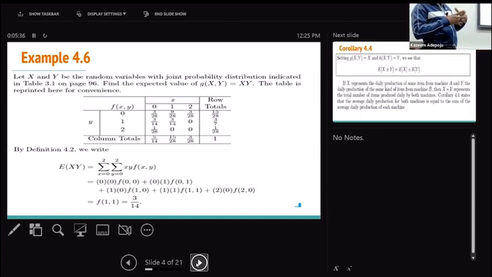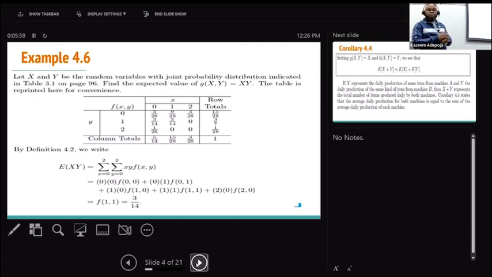In the table, I've walked you through different things, like how you can get the marginal function of X and the marginal function of Y, the marginals. Then what if I want to find the expected value of the product XY? Because I'm dealing with the discrete case, this is going to be a double sum.